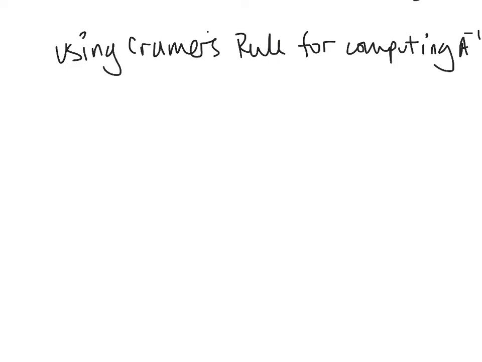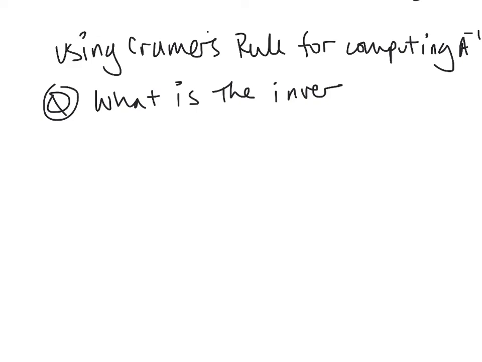So how do we possibly do this? Well, let's think about what finding the inverse actually is. So, question, what is the inverse? The inverse is a matrix that when I multiply it by A, I get the identity matrix.